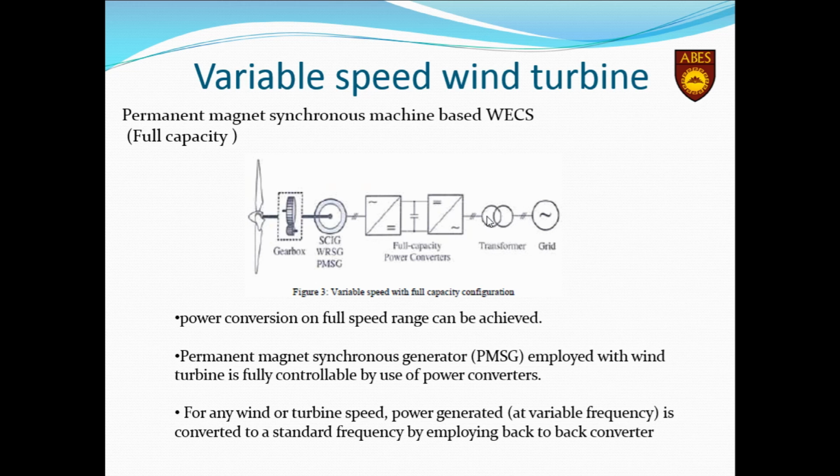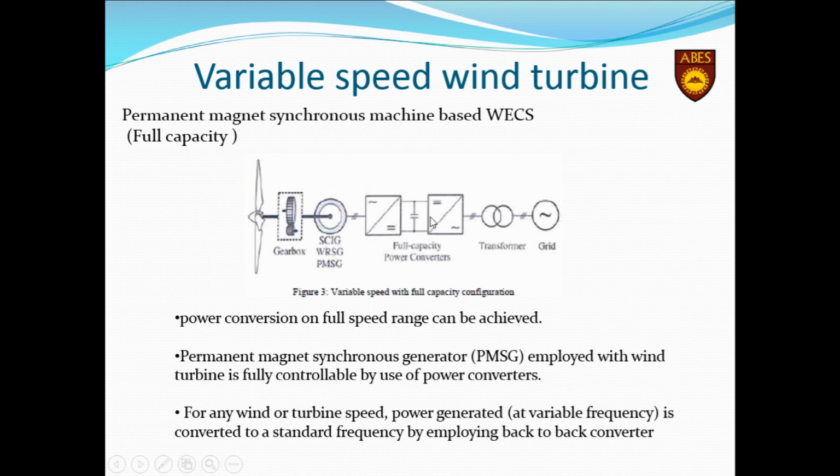The advantage of this full capacity converter is that it can convert power from every wind speed to electrical power, because when the wind speed varies at the aerodynamic turbine, the frequency or the voltage generated at the permanent magnet synchronous machine can be converted to DC power.